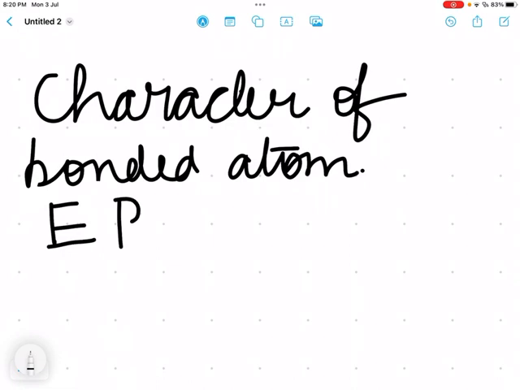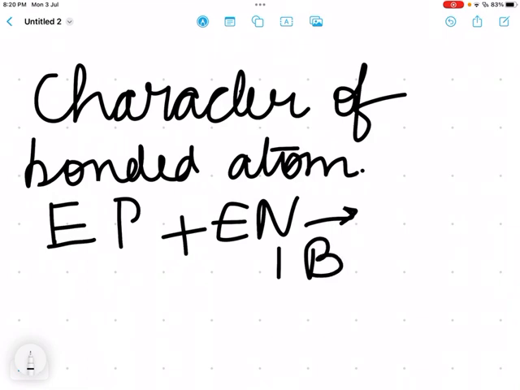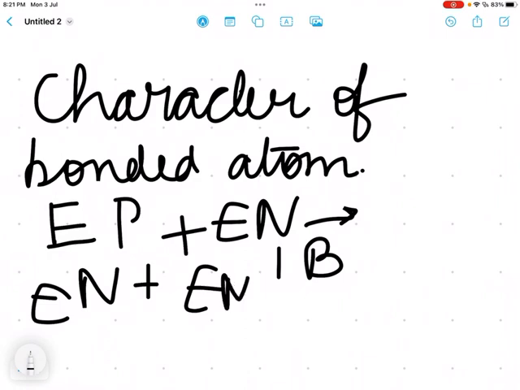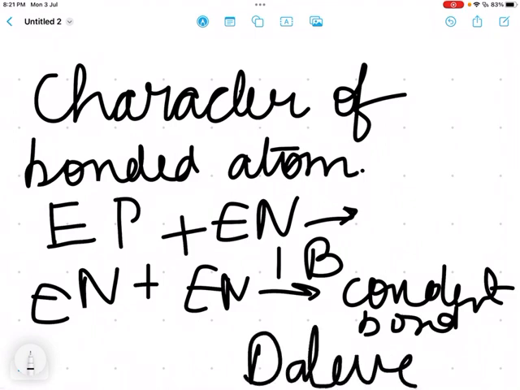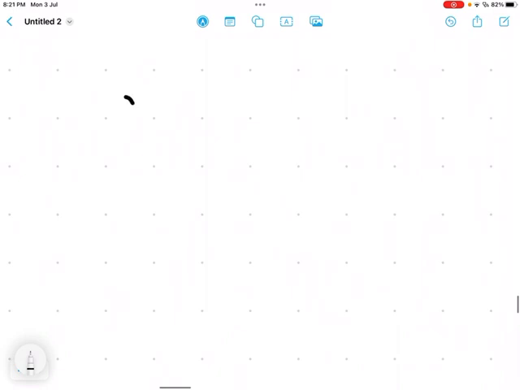Electronegative plus electronegative is called a covalent bond or the dative bond. That's it. This is an important NEET point. Electropositive plus electropositive is called a metallic bond.